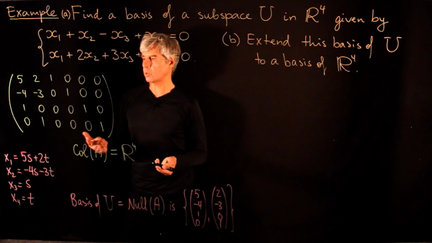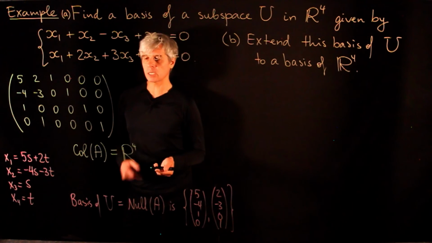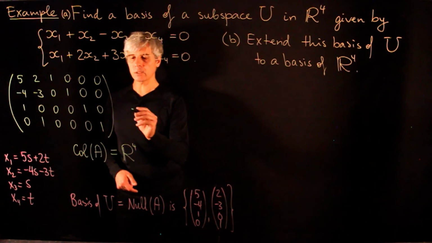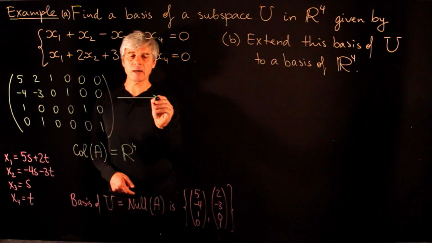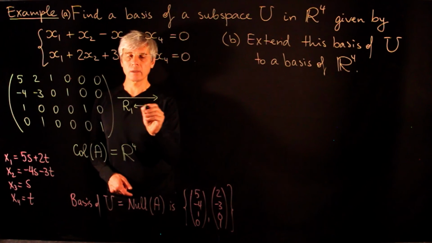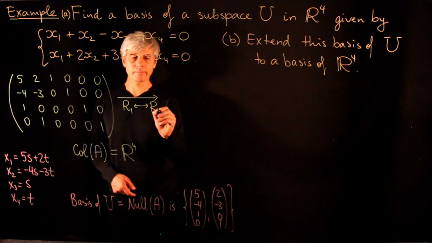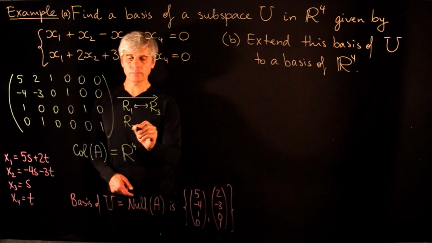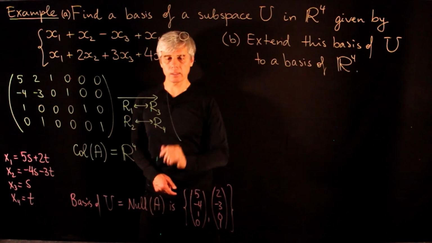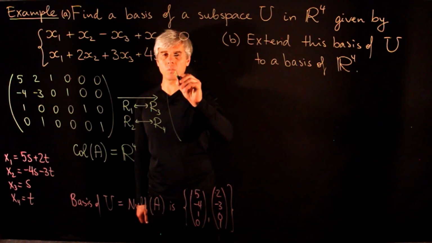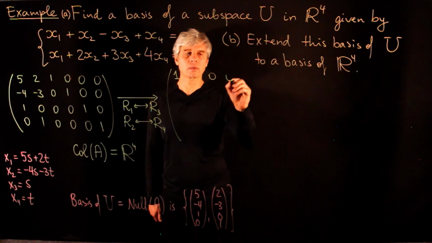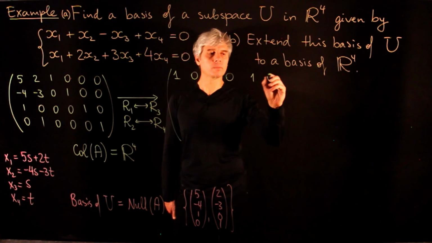So to do this, we do elementary row operations. And so here, because of the structure of this matrix, what's convenient to do as our first step is to swap row 1 with row 3, and row 2 with row 4. So my new matrix is going to be 1, then 3 zeros, and then 1, 0.